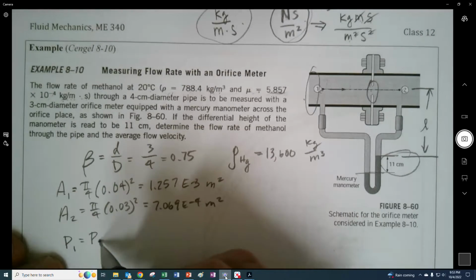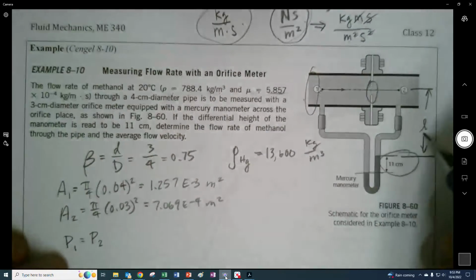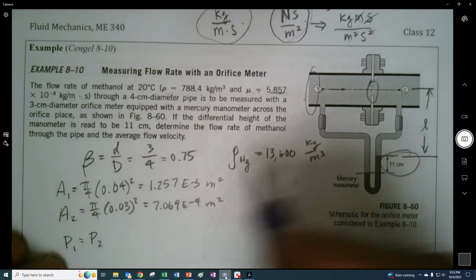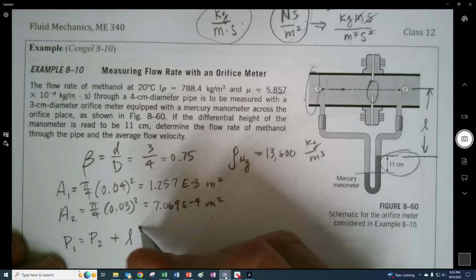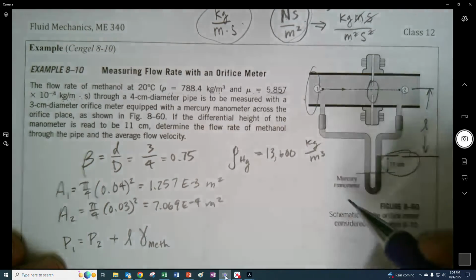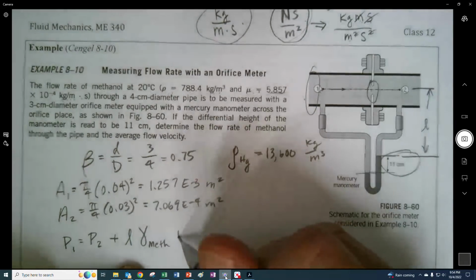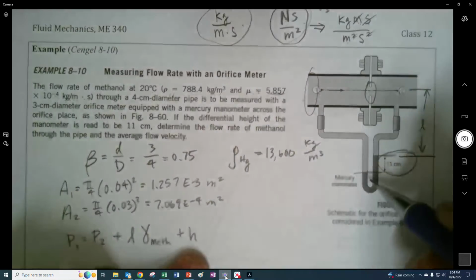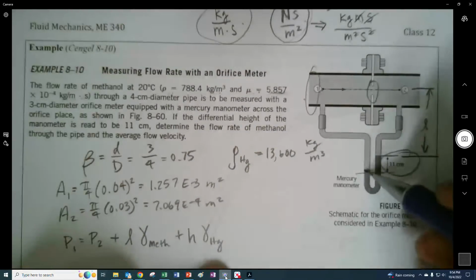So I take the pressure at 2, and I go downward along this length L, which is positive, times the specific weight of methanol. Then I swim an additional amount down, which is the H of my mercury. Now I'm going to swim up.